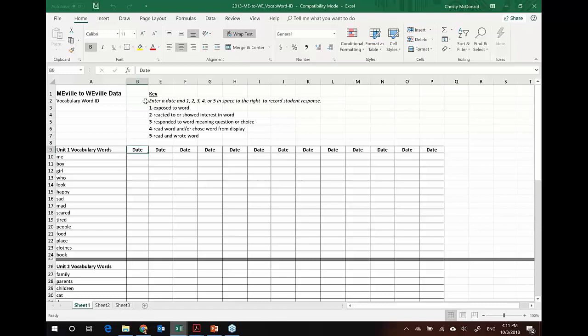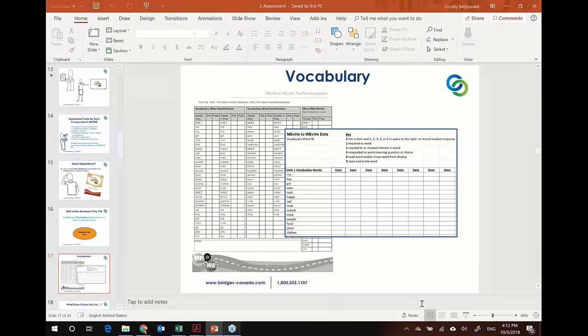And there's a key provided here. Whether the student was just exposed to the word, you'd give them a 1. Whether they reacted to or showed interest in the word, they would get a 2, and so on. So this is for students who are not showing a clear understanding of the word, but you want to be able to capture that there is some level of recognition or understanding that is taking place over time. So this tool helps with that.